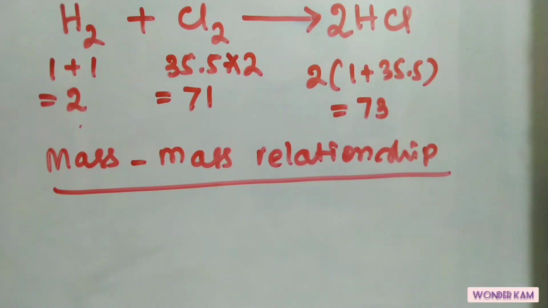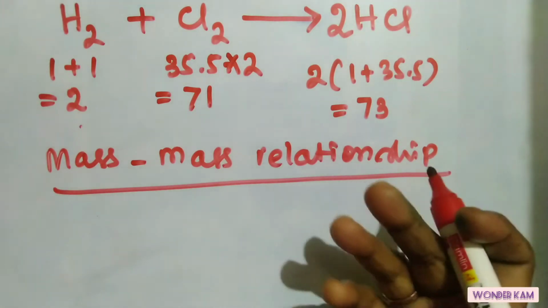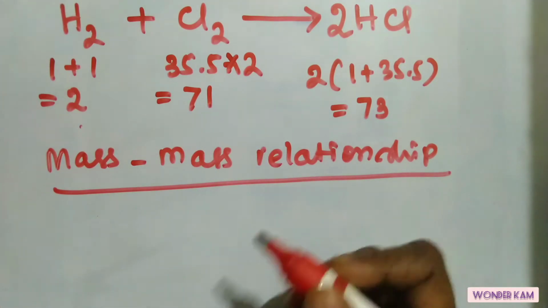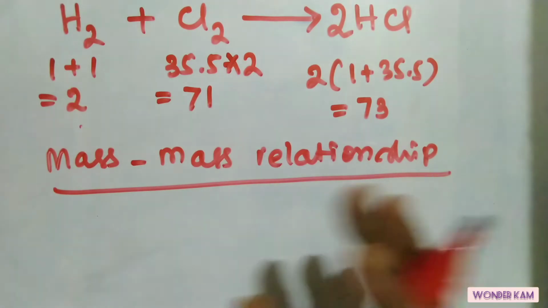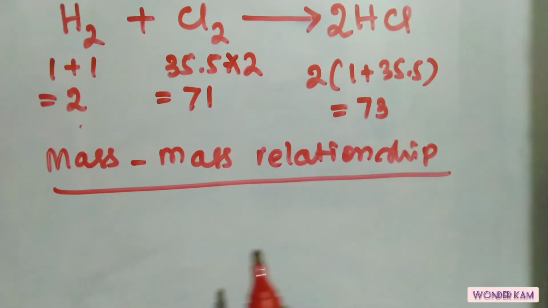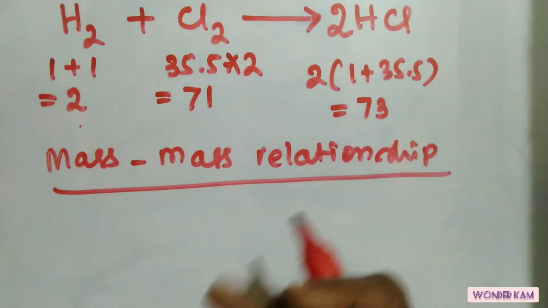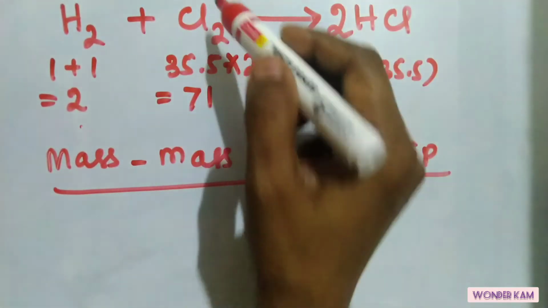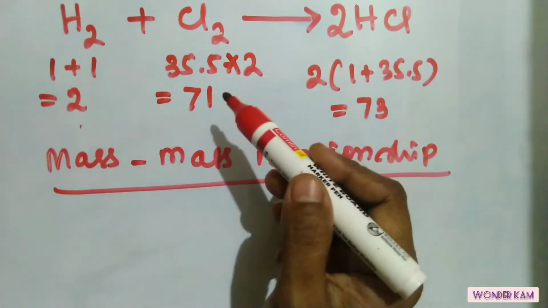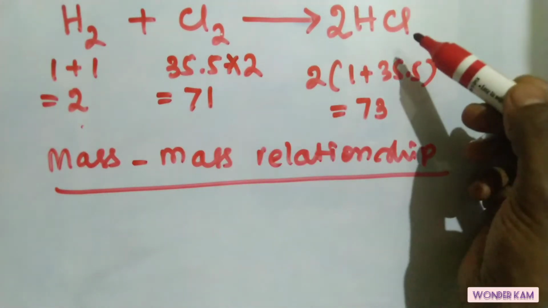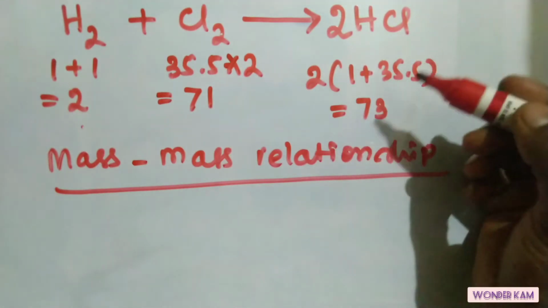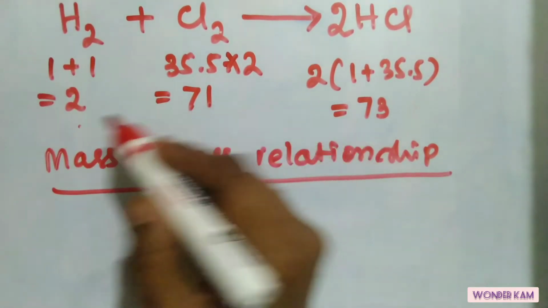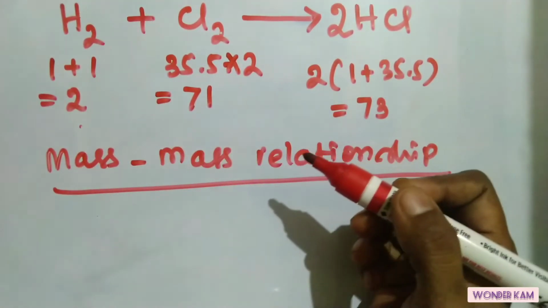A very important aspect of stoichiometry is to write the proper chemical equation and balance it properly. In this mass relationship, if the mass of one of the reactants has been given, then we can find out the mass of the products, or if we know the mass of the product, then the mass of the reactants can also be found out.